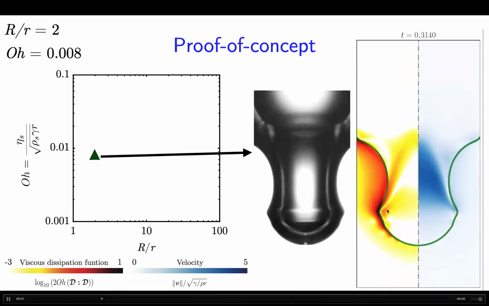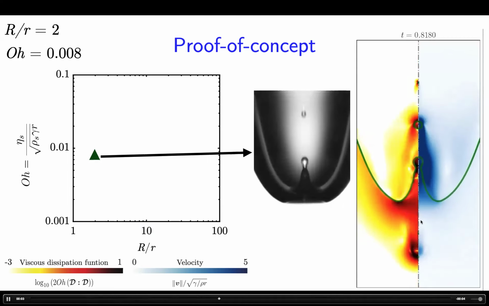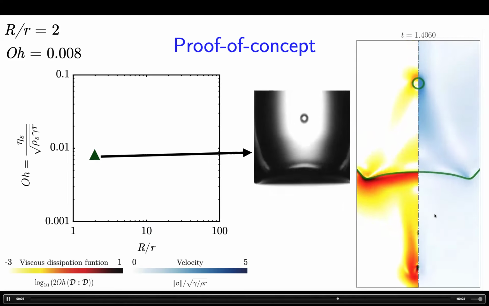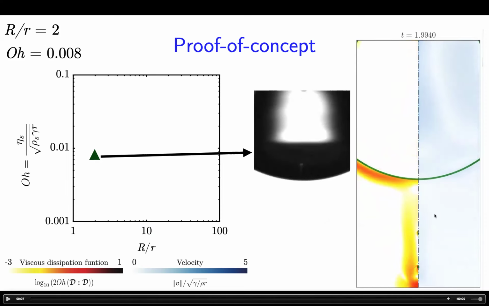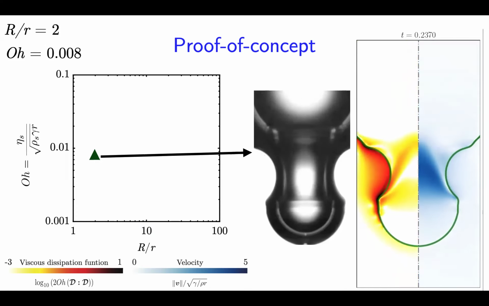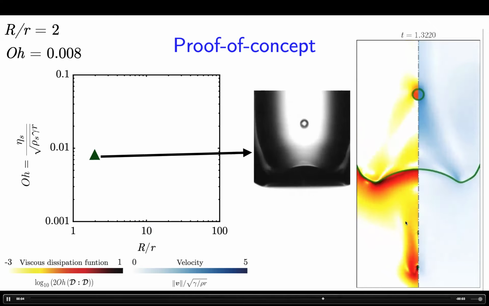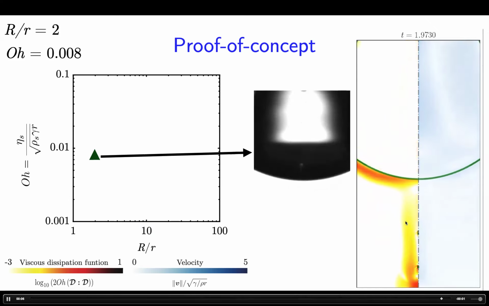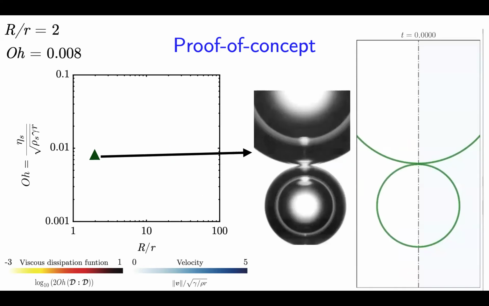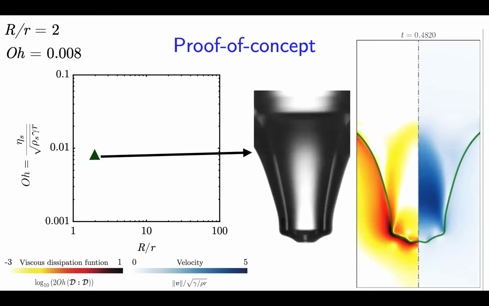Now, this process is quite peculiar in the sense that these waves are also simultaneously damped because of viscous dissipation. What creates these jets is the capillary wave which has the largest curvature and is not damped out by viscosity.